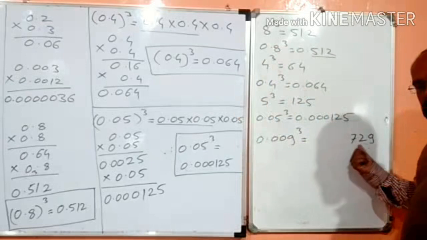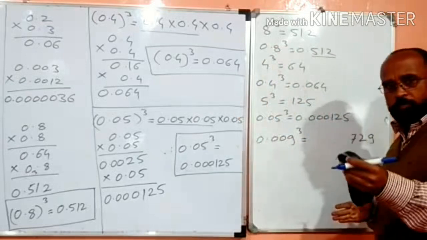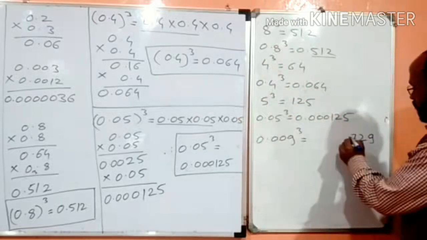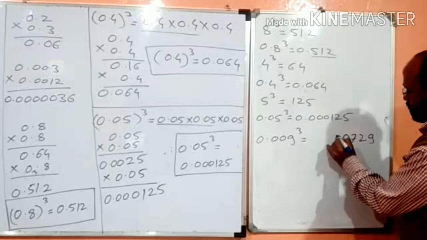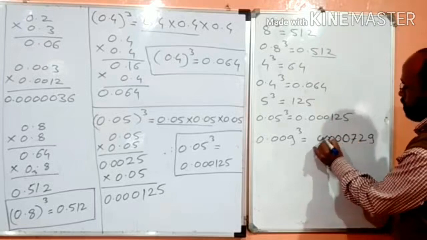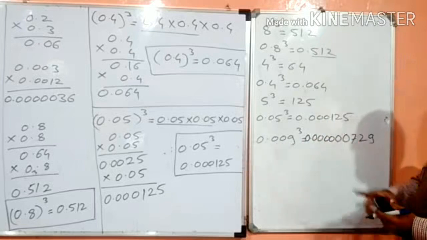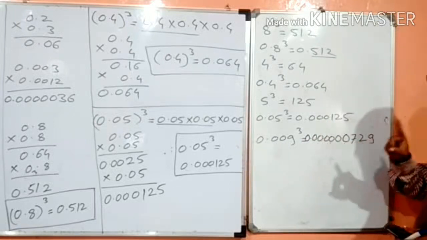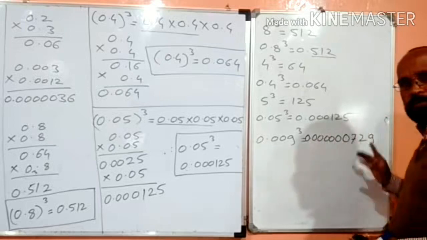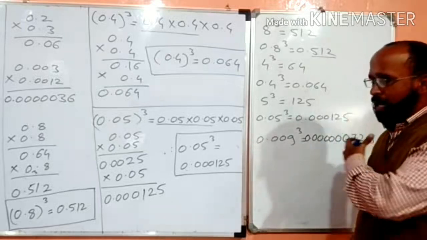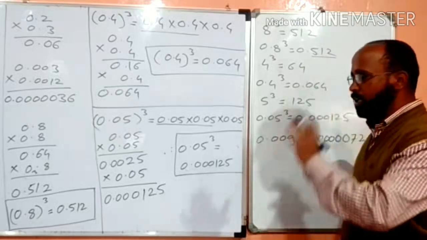We have to add just 6 more by appending 6 zeros before it. So 0.009 cube is equal to 0.000000729. By this method we can find the cube of any number quickly.